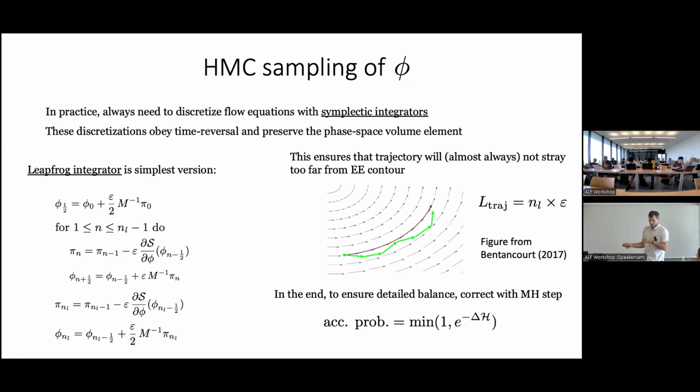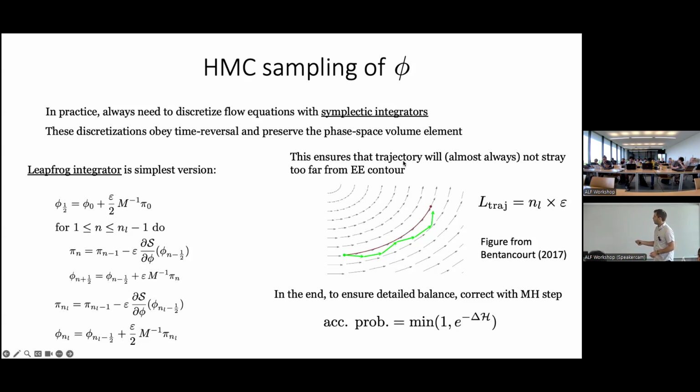Then you alternate between updating φ and π in steps of this epsilon, but in this particular interleaving way, having first updated a half step for φ, and then at the end, you correct for this half step. There are other choices you can make for how exactly to write down your leapfrog integrator, but they all look roughly like this. This is just the simplest thing that we use and that lots of other people use, and it's pretty good.